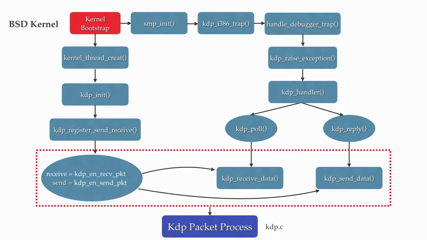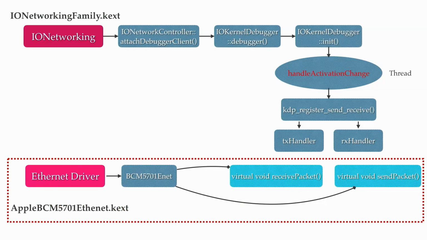What's more, XNU implements all the debugger command functions in the kdp.c file and registers them into a dispatch table. And these functions make up the debugger world. In the Ethernet extension part, as mentioned, it must implement a pair of handler functions that are called to handle KDP transmit and receive requests during a debugging session.